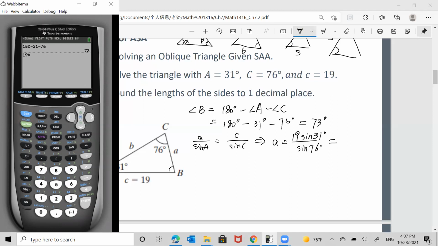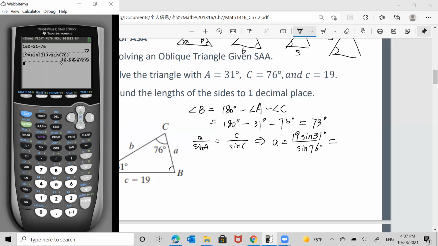So 19 times sine 31, close the parentheses, divided by sine 76, close the parentheses. That's 10.085 something. Read the question: round the length of the sides to 1 decimal place. The number after the 0 is 8.